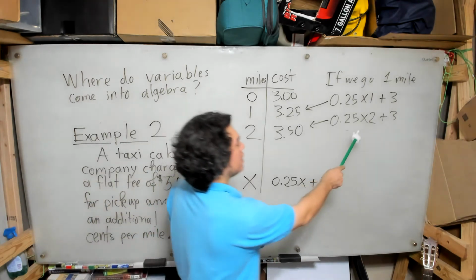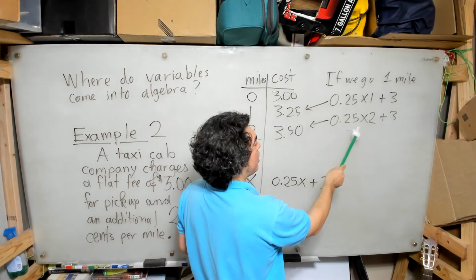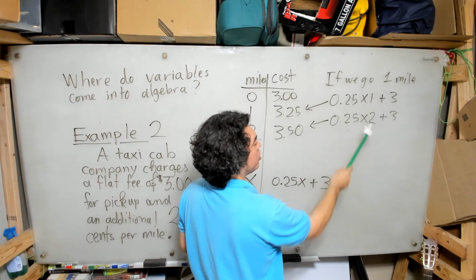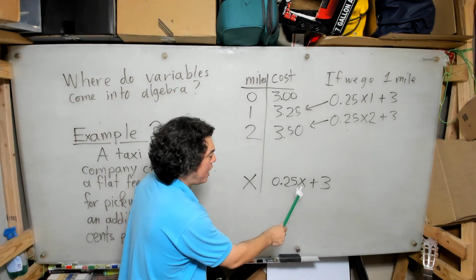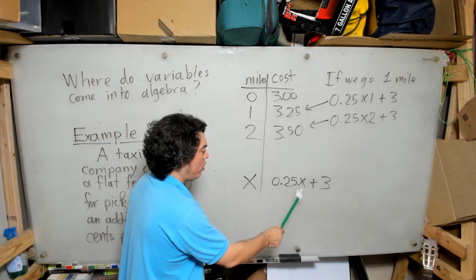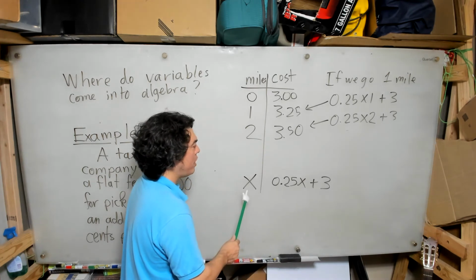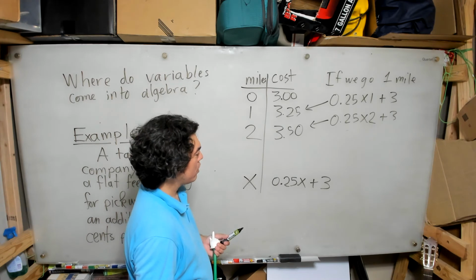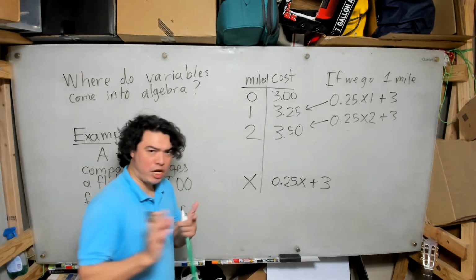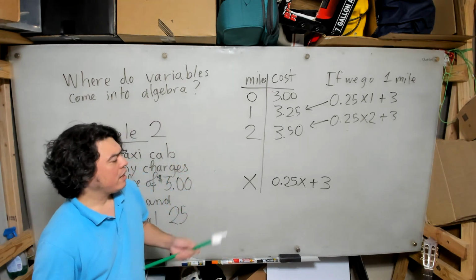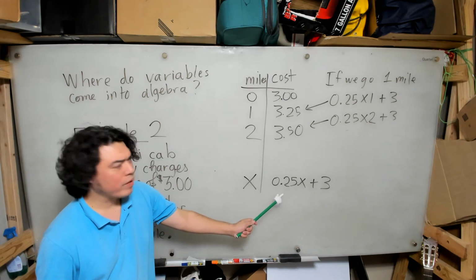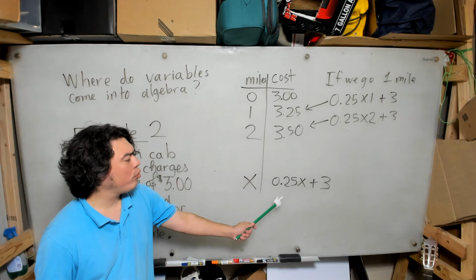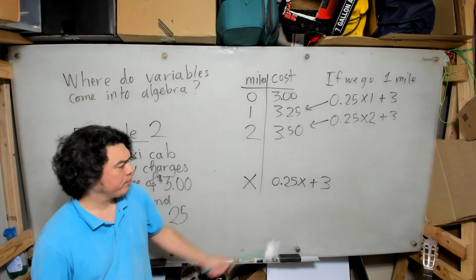In this case, since I'm multiplying two numbers, I use the cross to indicate the multiplication. But here, I'm using the x to represent the variable that is being used to represent the number of miles. Okay? And so now, in general, we can say that for X miles, the cost that I'm going to incur riding this taxi will be 0.25x plus 3. Okay?